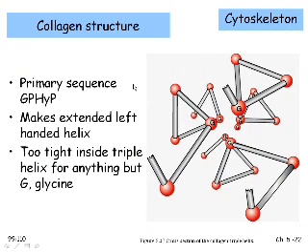Now, the trick to collagen and why collagen forms a triple helix and not something else is in its sequence. So the primary sequence in general is, with some exceptions, but there's a lot of this in it: glycine, proline, hydroxyproline. And when you look at it in its native state, you see it makes this very extended left-handed helix with the glycines all tucked into the middle.